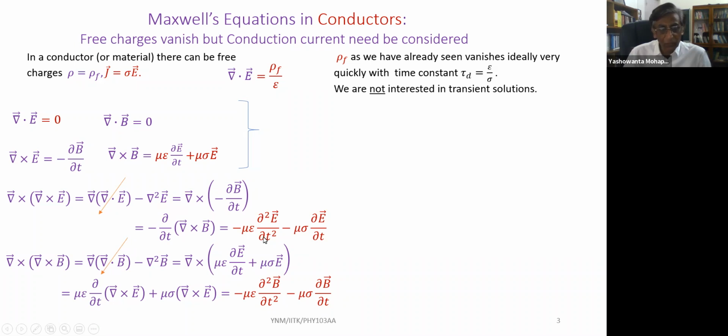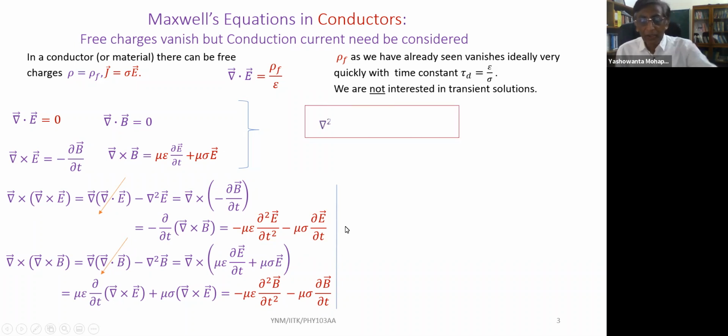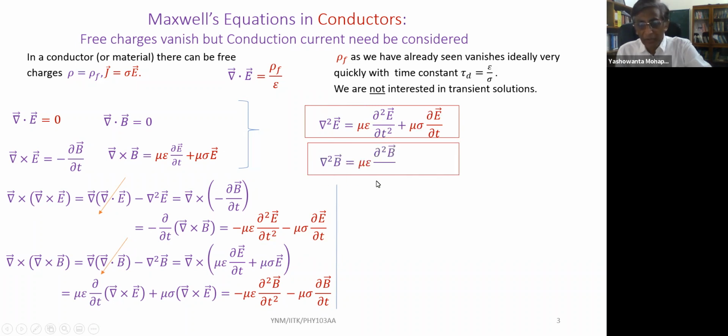So both are similar. The treatment is exactly similar as in dielectric. So I'll write this, removing the minus signs from both sides. Del square E is the earlier equation plus mu sigma del E by del t. Similarly, del square B equals mu epsilon del square B by del t square plus mu sigma del B by del t.